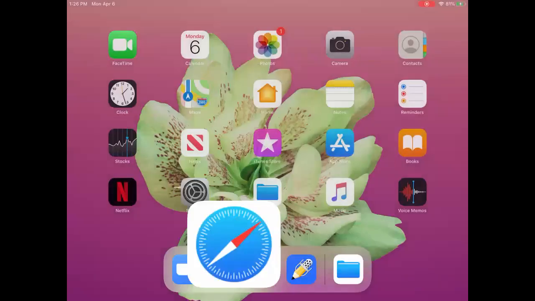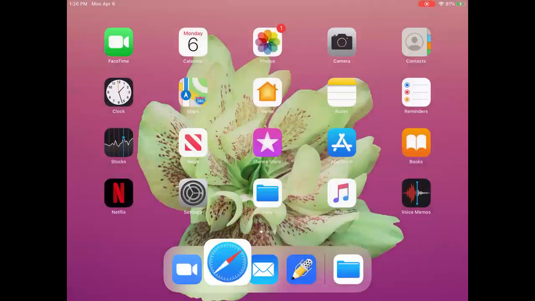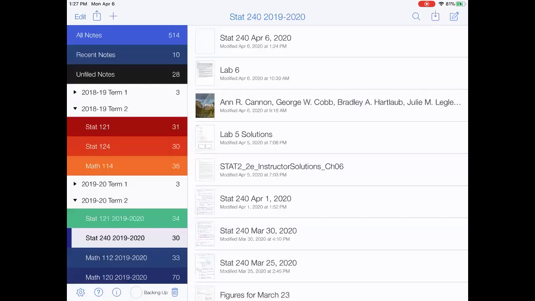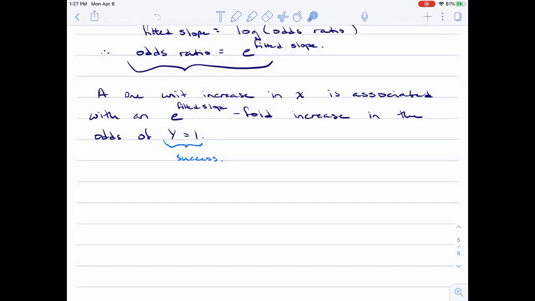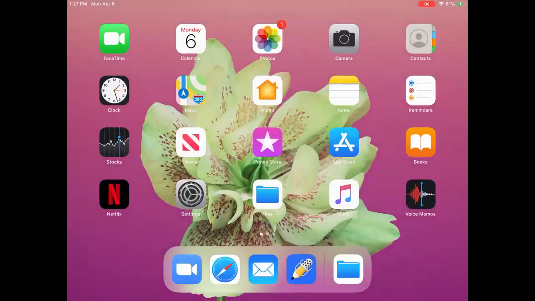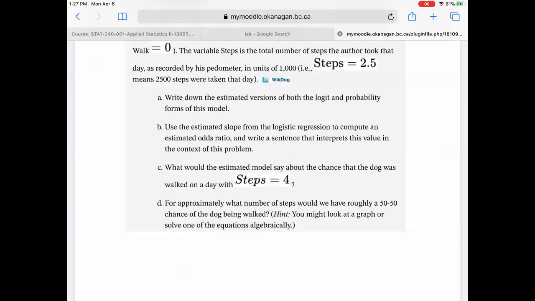I have a question regarding D. Say that again. The question D says what is the point for the 50-50 chance? So can we take just beta 1 by 4 as the point?